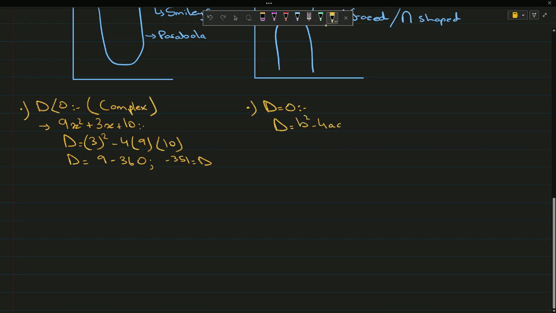Then I would write an equation which I just made up in my mind, which would be 4x square plus 4x plus 1.